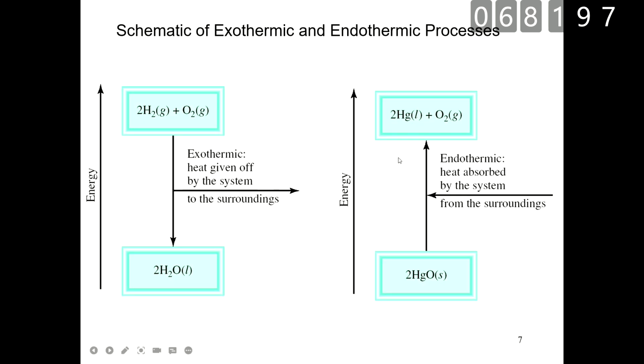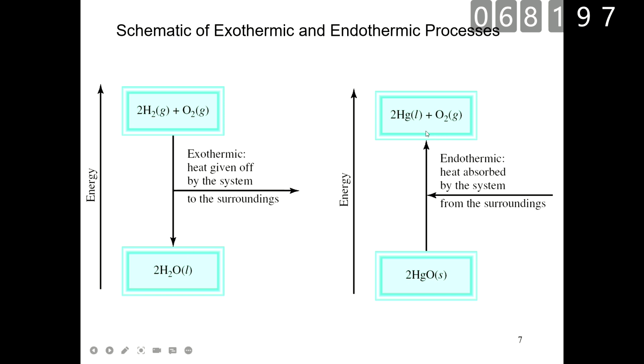Okay, we also introduced this, right? So basically, the y-axis is energy. We know all substances have energy. So if the energy of the products is lower than that of the reactants, this means it will release heat to the surrounding.